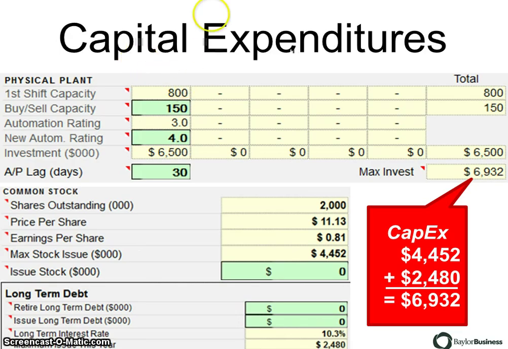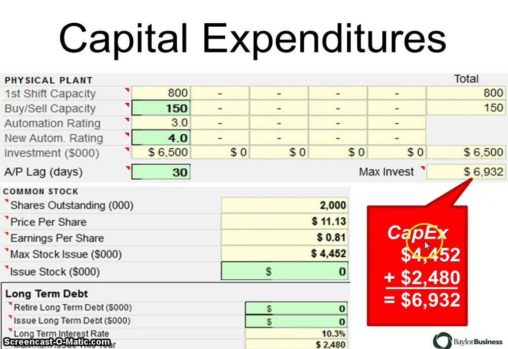And so on your production page, this up here is from the production decision sheet. You'll have a very helpful column that tells you your maximum capital expenditure, your maximum investment amount, which is just shy of $7 million. And I made decisions here. I bought some capacity and raised my automation, which cost $6.5 million. That's the most I can raise on the financial markets.